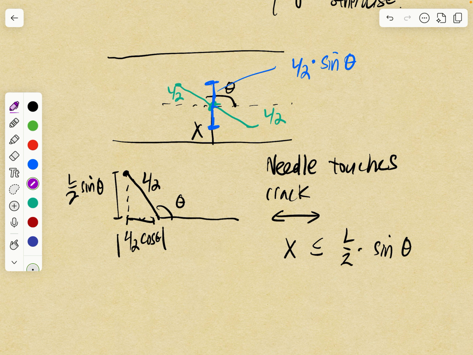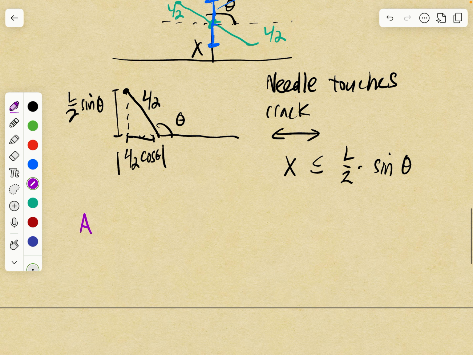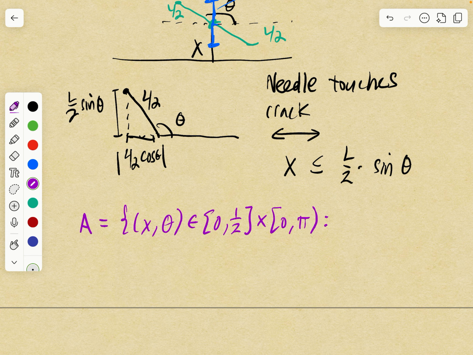Let capital A be the successful region: x and theta in this rectangle such that x is less than or equal to L over 2 times sine of theta.